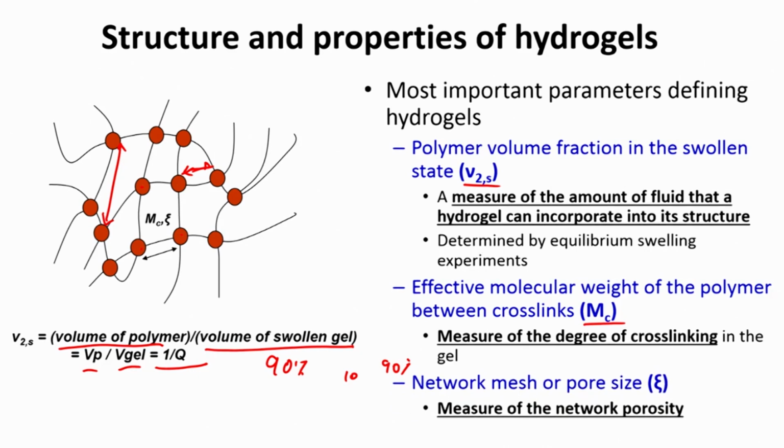And then you can have a network mesh or pore size. Very similar to MC, the effective cross linking, is the pore size. What diameter pore are we talking about, how can we define the distance between the different polymer chains? This is a measure of the network porosity.